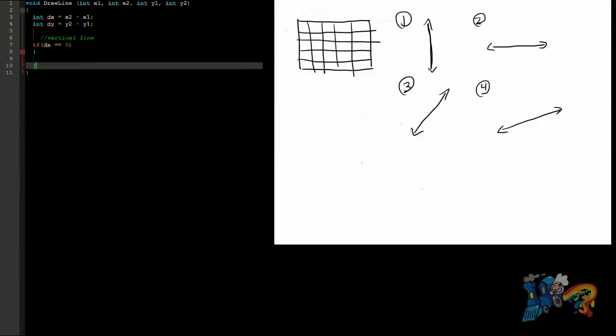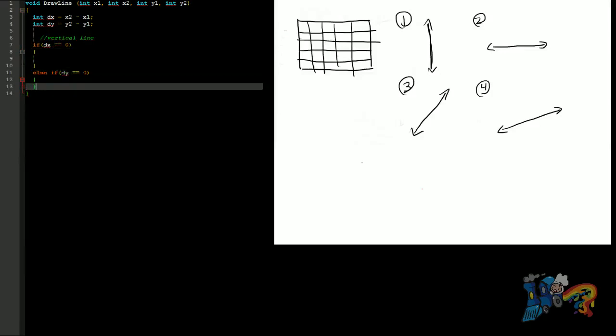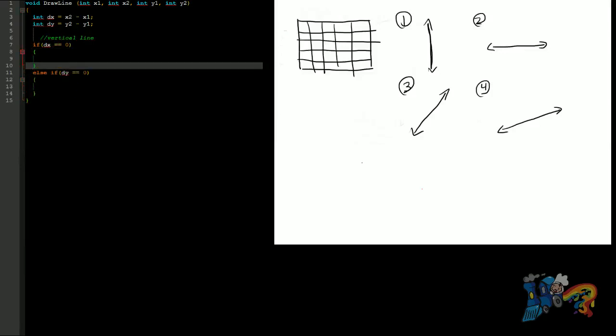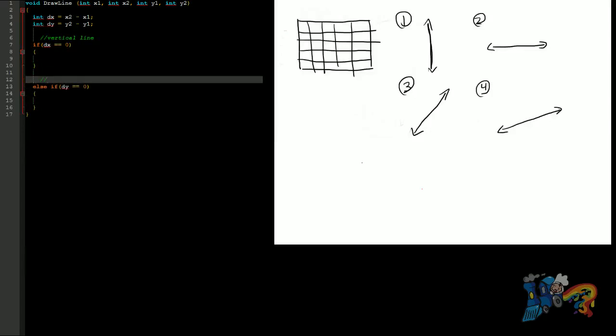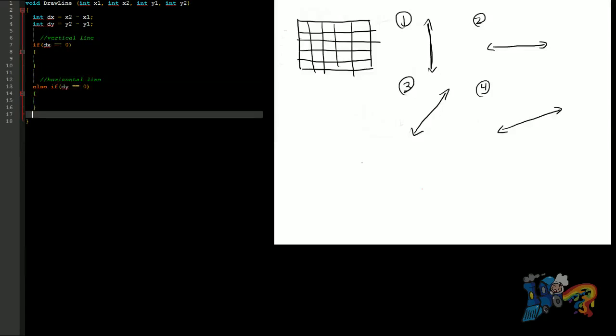Otherwise, if our delta y is 0, then we have a horizontal line. And those are our case 1 and case 2.